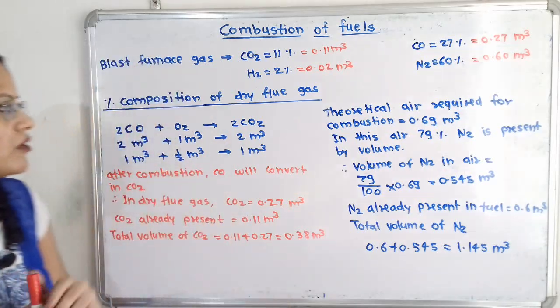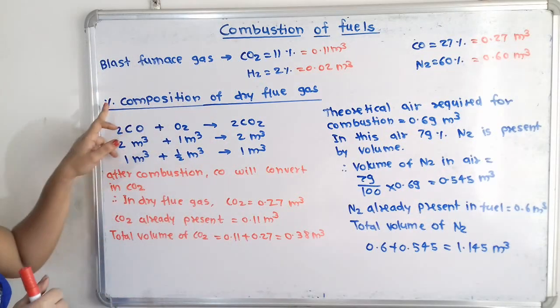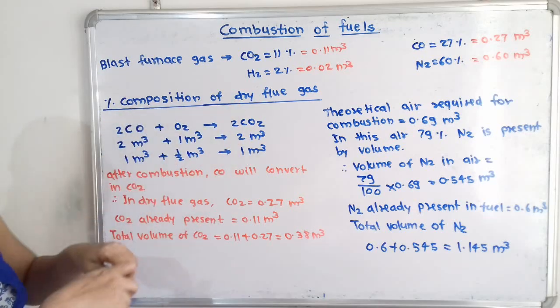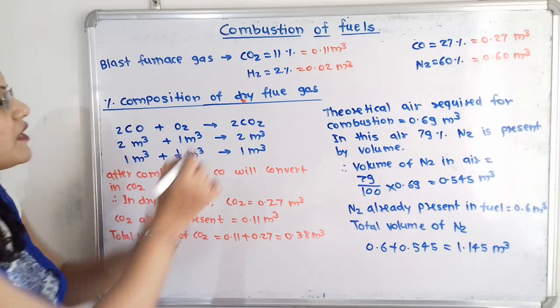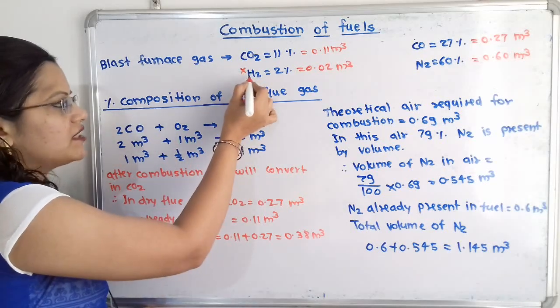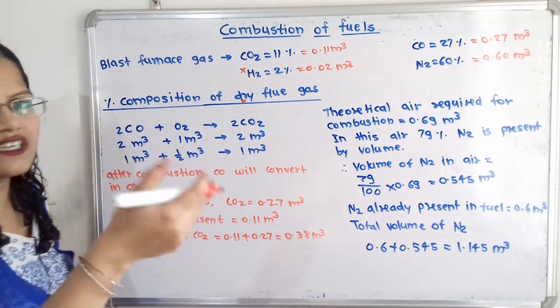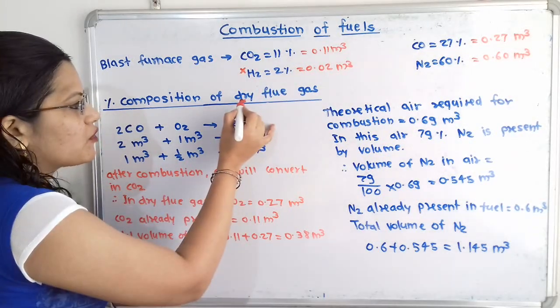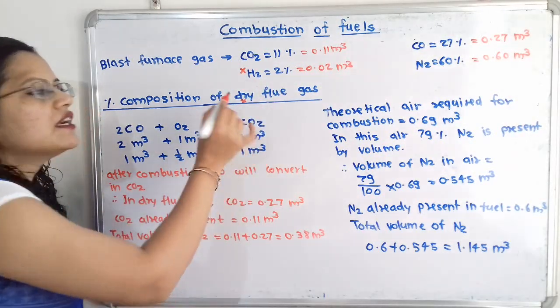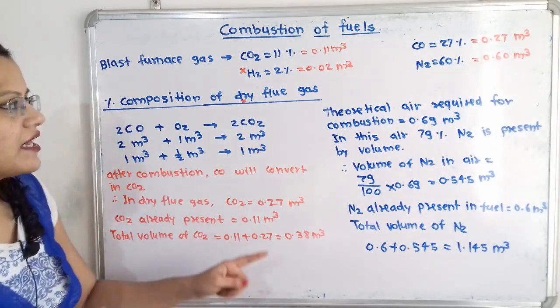But the main important point is that we have to find the percentage composition of dry flue gas. So for this dry flue gas, we will not consider this H2O, that is, H2 combines with oxygen and forms H2O, but we will not consider this because we have to find the dry flue gas. Then nitrogen.